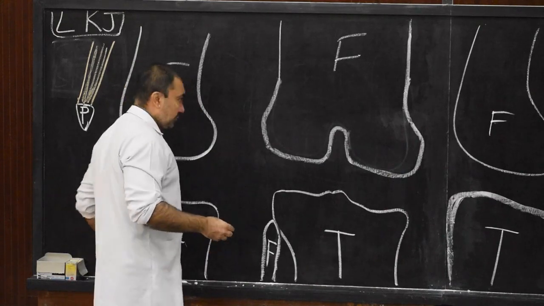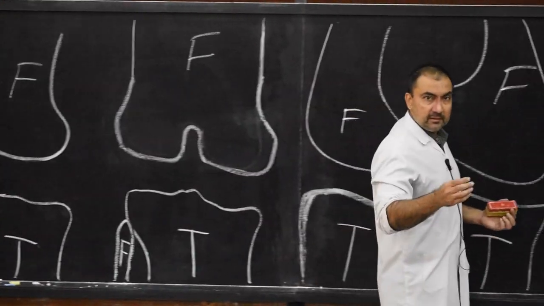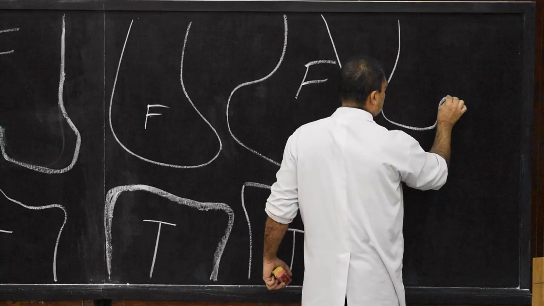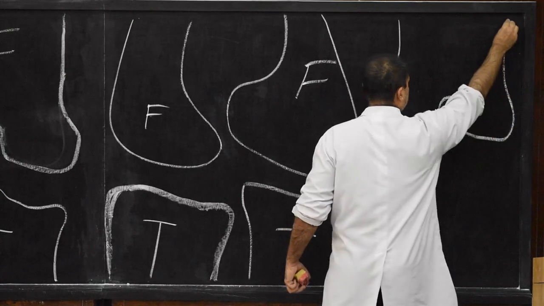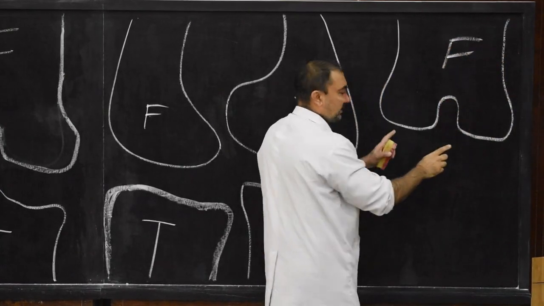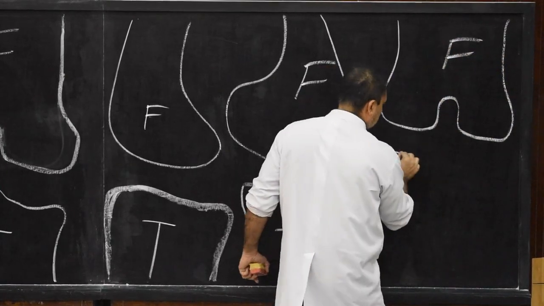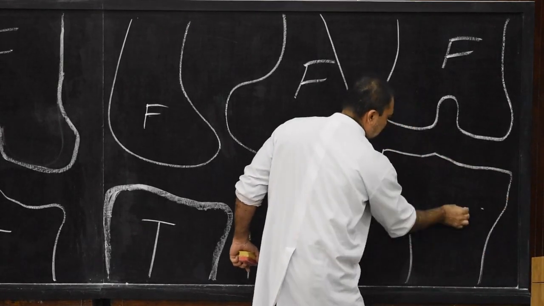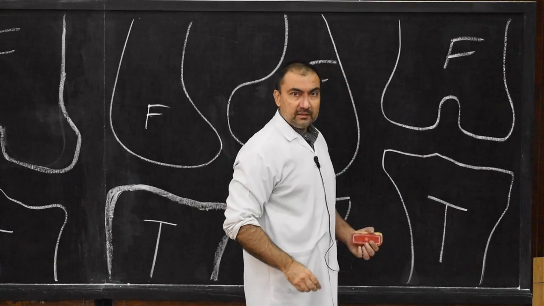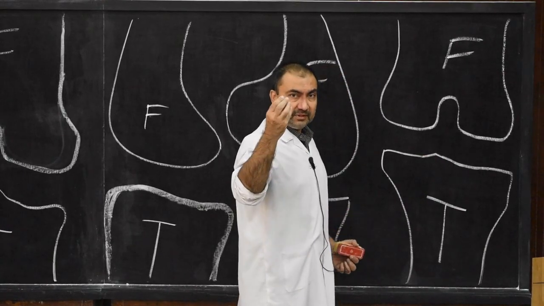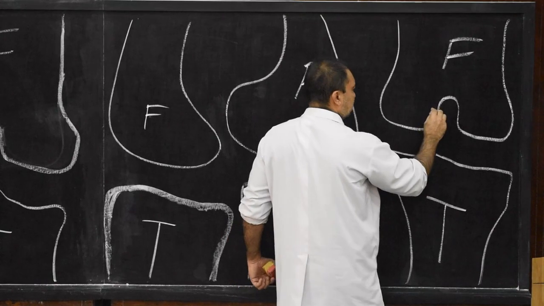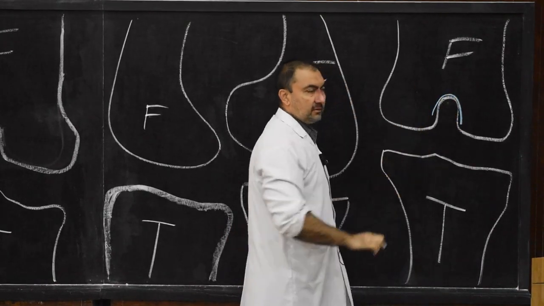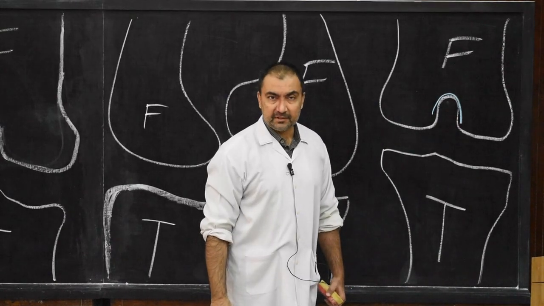If I need to show here the posterior articular surface of the femur, this is the posterior articular surface of the femur, and this will be the tibia. The capsular attachment, I am using blue color, will be attached on the posterior part of the intercondylar notch of the femur, upper attachment posteriorly.